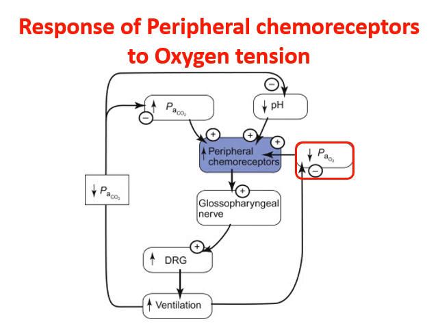As the arterial partial pressure of oxygen reaches 60 mm mercury, the peripheral chemoreceptors rapidly increase their firing rate and ventilation is doubled. Peripheral chemoreceptors are most sensitive to changes in the arterial partial pressure of oxygen in the range between 60 to 30 mm mercury.